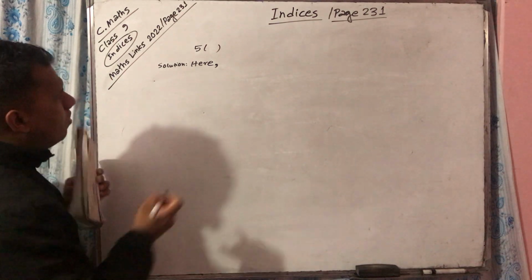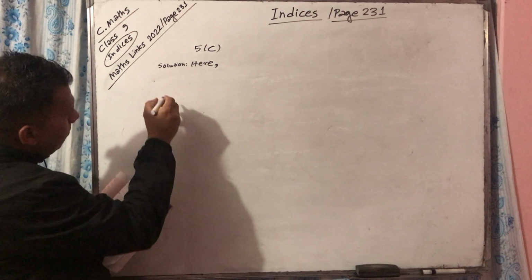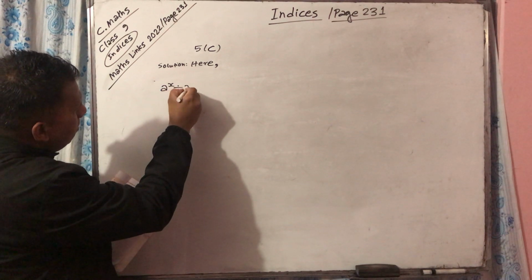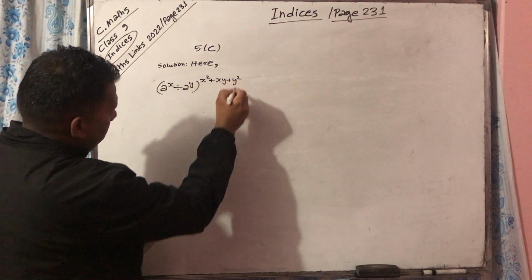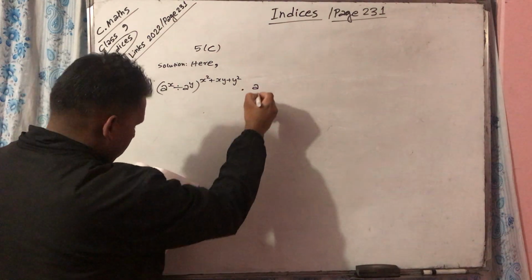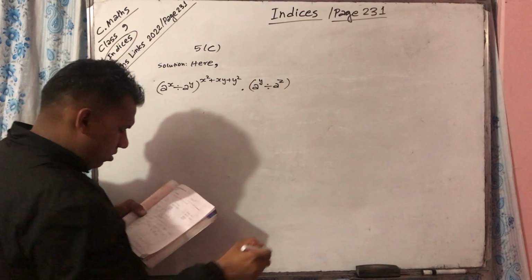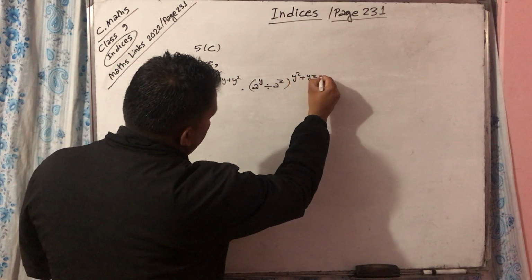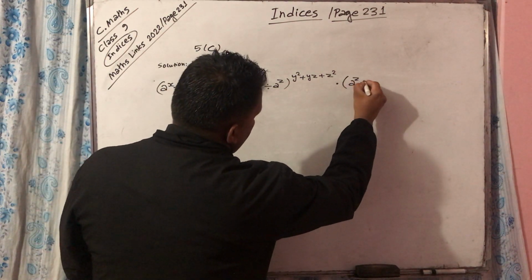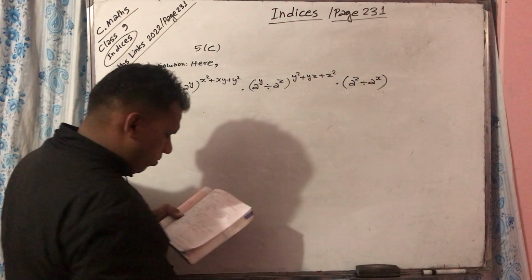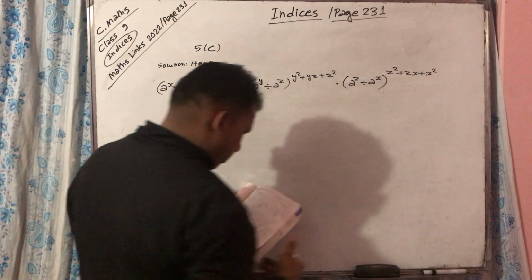On 5c, we have a to the power x divided by a to the power y, whole power x square plus xy plus y square, multiplied with a to the power y divided by a to the power z, its whole power is y square plus yz plus z square, multiplied with a to the power z divided by a to the power x, whole power z square plus zx plus x square.